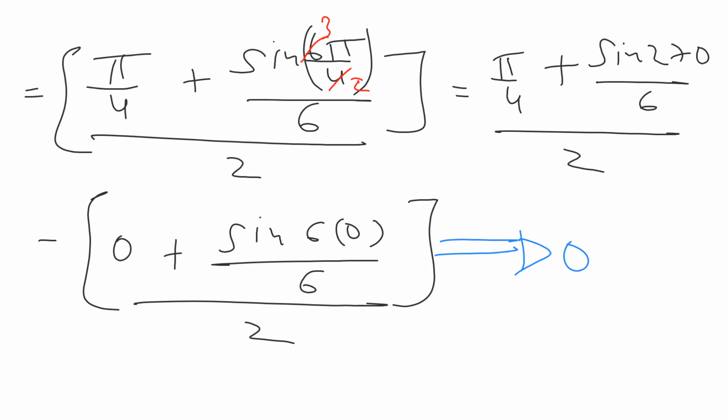Now sine 270 value, you can pull it out from your calculators. Sine 270 is minus 1. So I'll write this on the next step, and remember that the second box is altogether 0. So pi by 4 plus minus 1 by 6, upon 2.